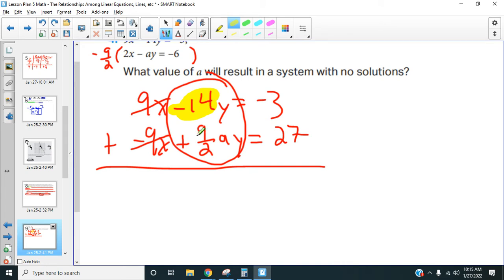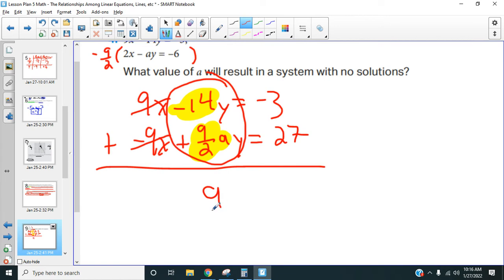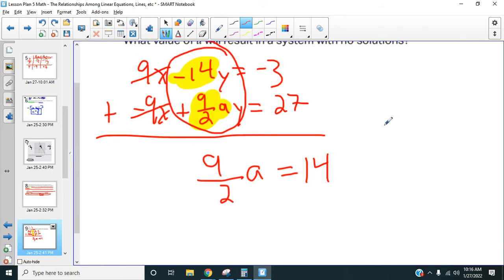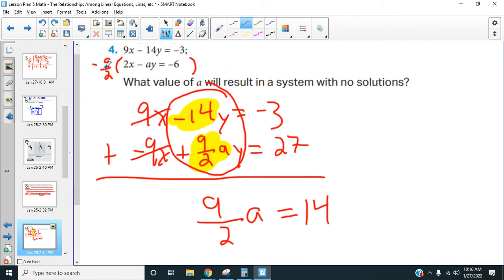We would want 9 over 2a to be 14. We would want that chunk of stuff in the second equation, the yellow highlighted part, to be 14. So think about what I'm saying. 9 over 2a is supposed to be 14. And it's positive because I multiplied by a negative.